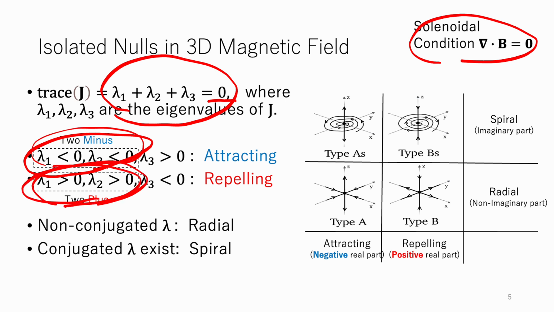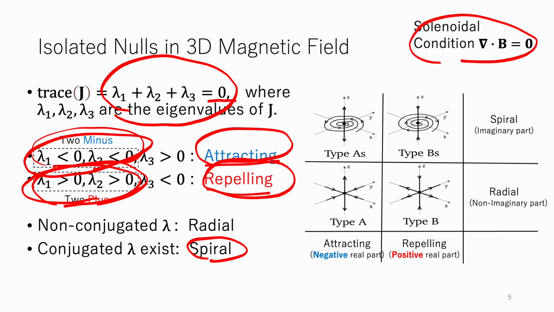For the minus case, this is the attracting case, and for the positive case, it is a repelling case. We call this attracting case A type, and we call this repelling case B type.